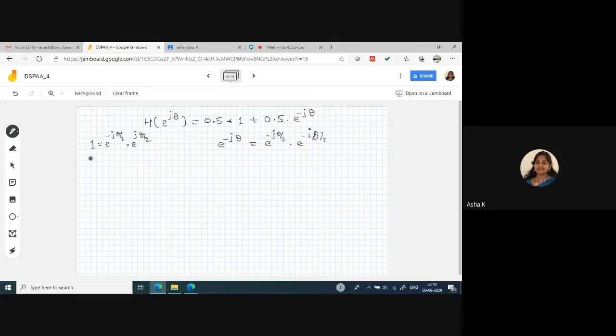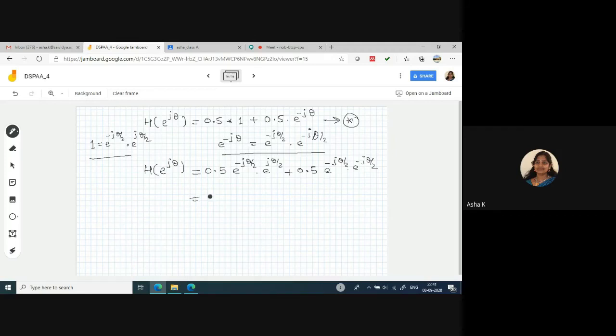After substituting these values, H of e power j theta is equal to 0.5 into e power minus j theta by 2 into e power plus j theta by 2, plus 0.5 into e power minus j theta by 2 into e power minus j theta by 2.